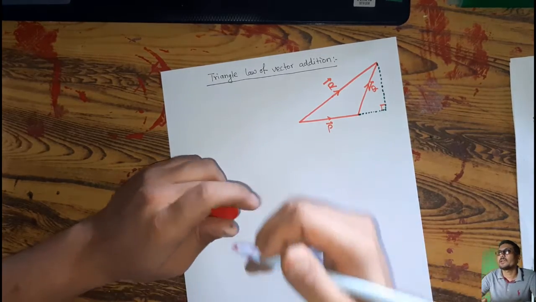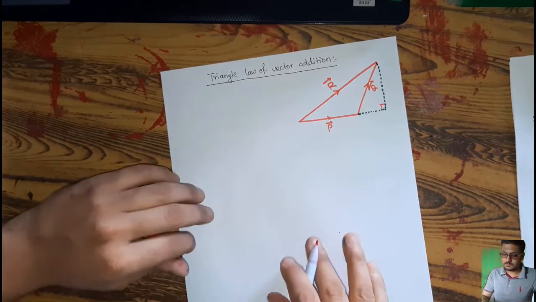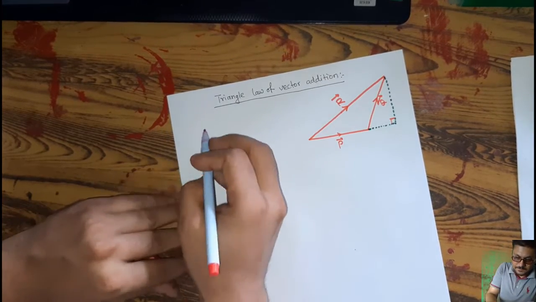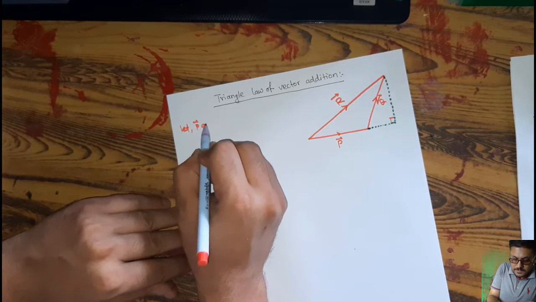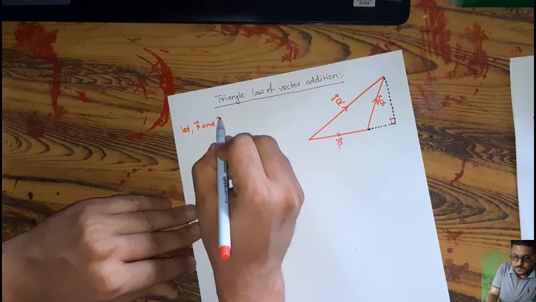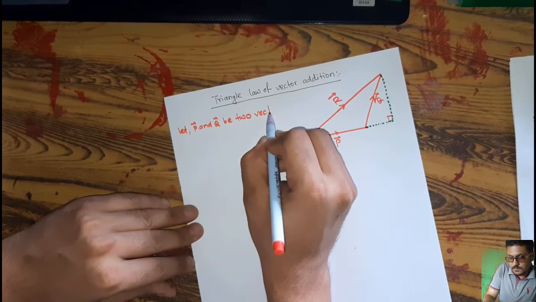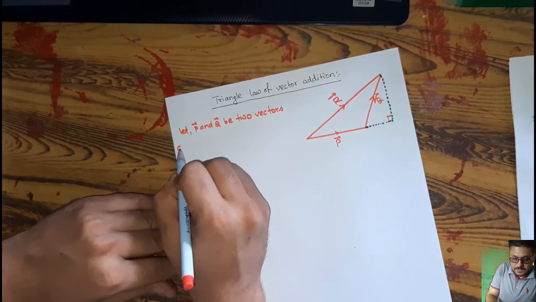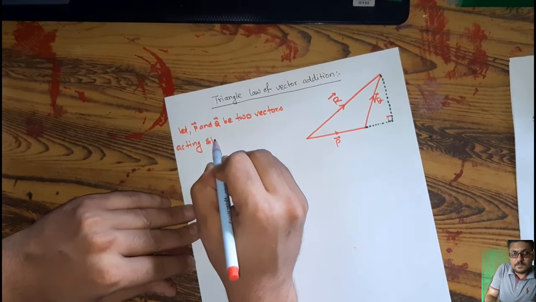That's why we have to make a right angle triangle here. Now, let P and Q be two vectors acting simultaneously.